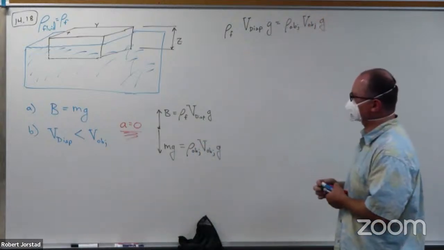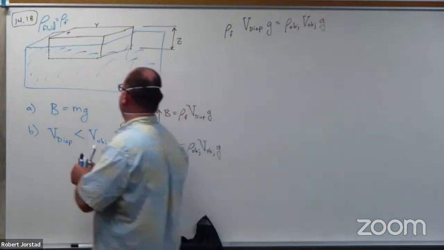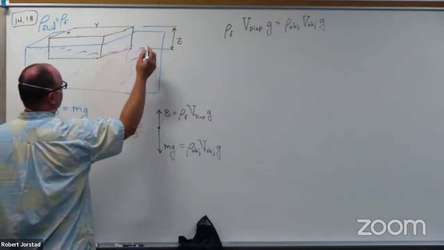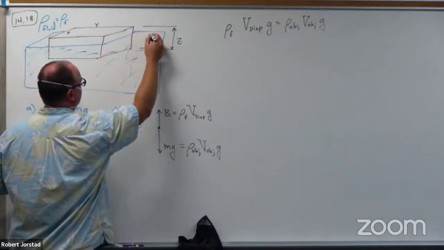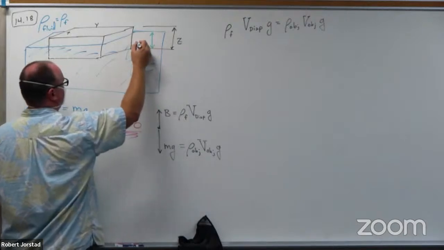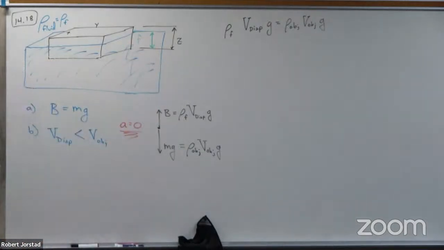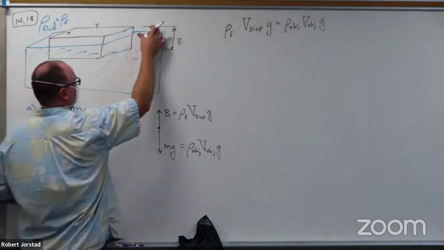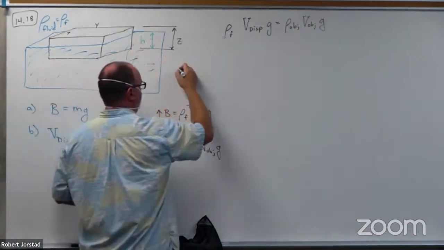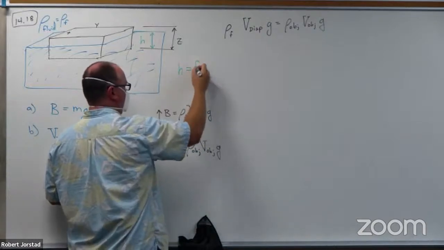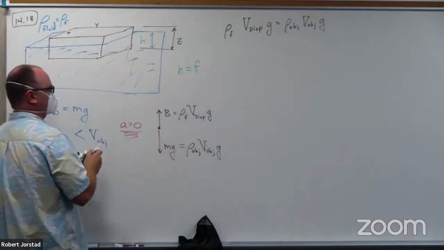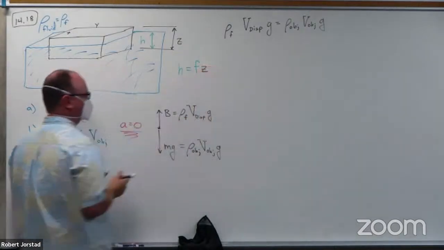And now what I'm going to do is try and describe this distance right here. That is some fraction. Did I call it Z or H? Oh, I called this H. And so we know that H is equal to some fraction of Z, or some percentage of Z.